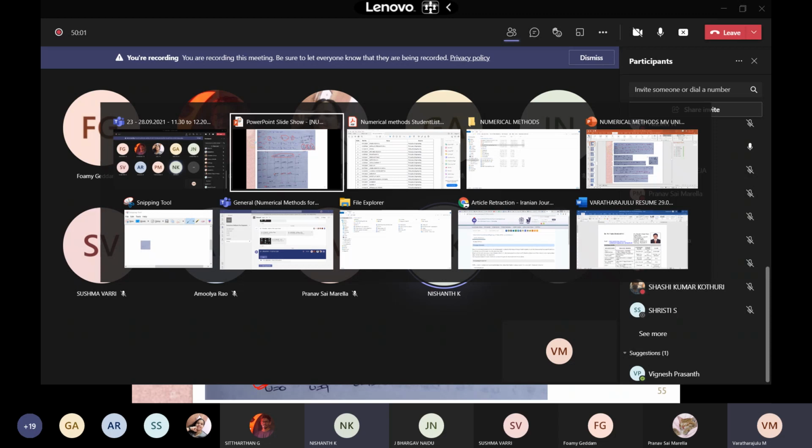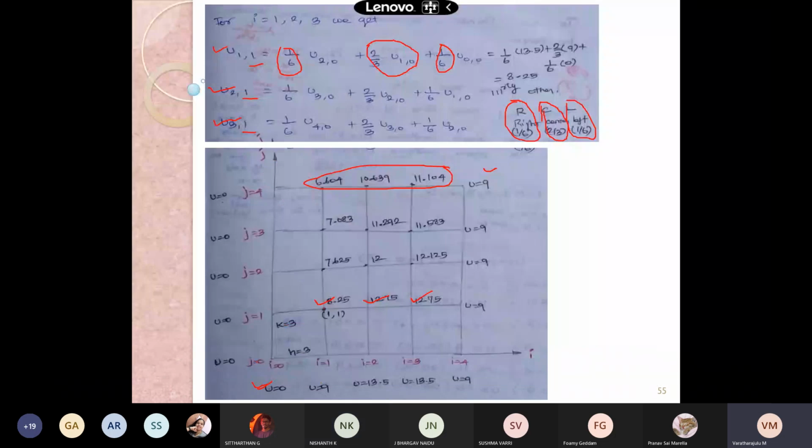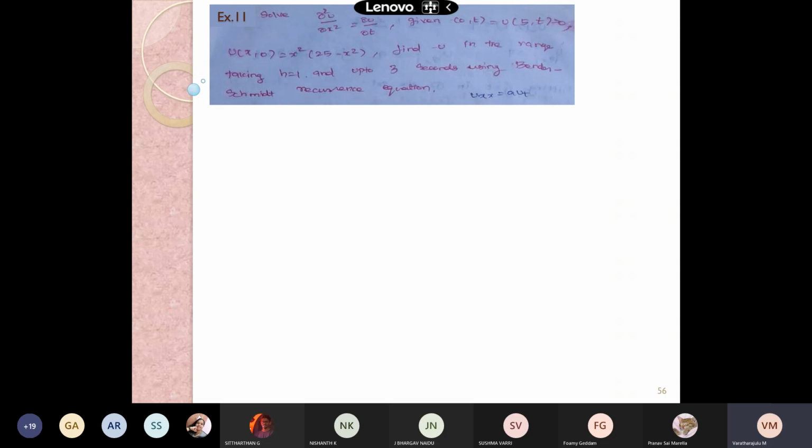Okay, we'll continue the subsequent problem. This is exercise number 11, and u_xx is equal to u_t. Therefore, a is equal to 1. It is very transparent that we don't have any coefficient, so a is equal to 1 as well. Alpha also is equal to 1. There won't be any need to consider alpha.